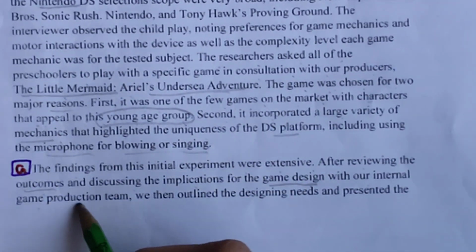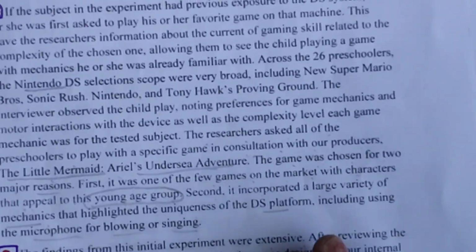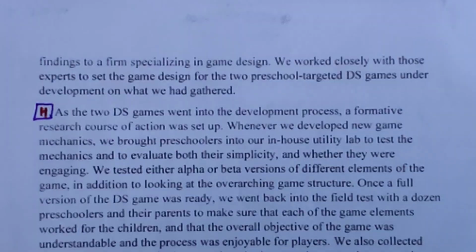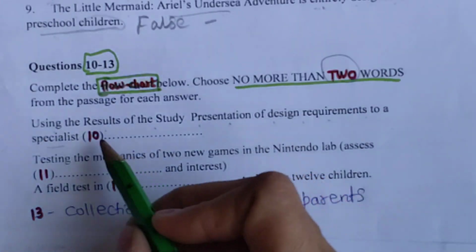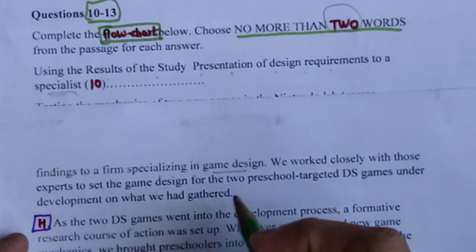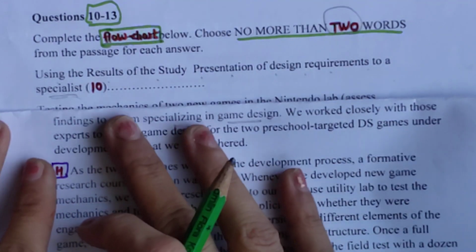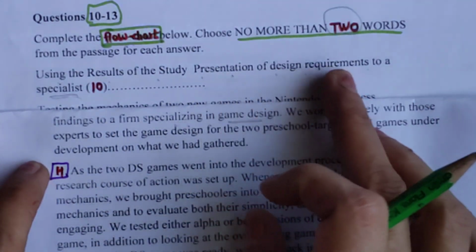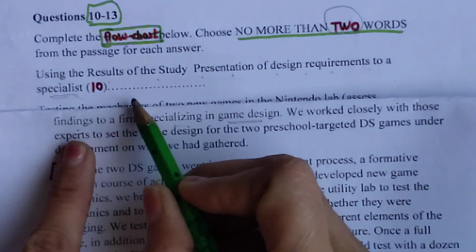With our internal game production team, we then outlined the design needs and presented findings to a firm specializing in game design. Let's move on to the next page. You can see this, I will show it to you. In the last page we had read that they were talking about design requirements.